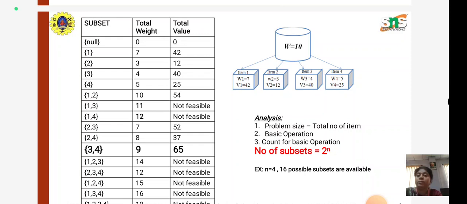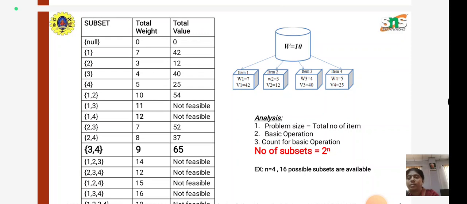Item 1 has weight 7 and value 42, item 2 has weight 3 and value 12, item 3 has weight 4 and value 40, and item 4 has weight 5 and value 25. So this is the problem given.